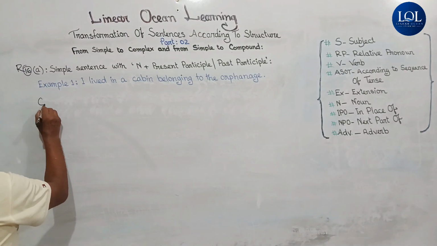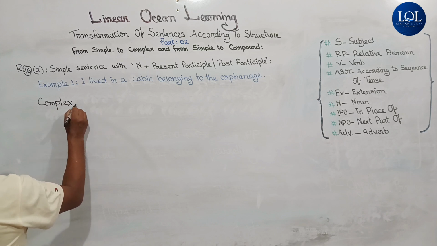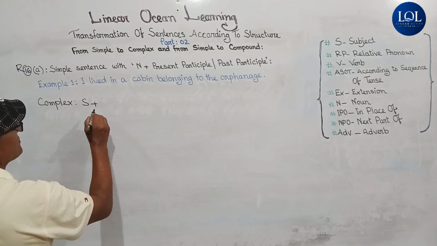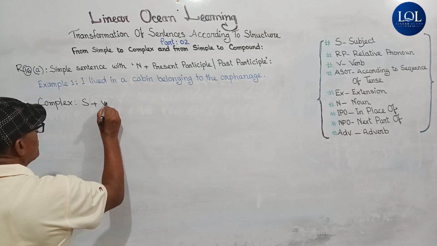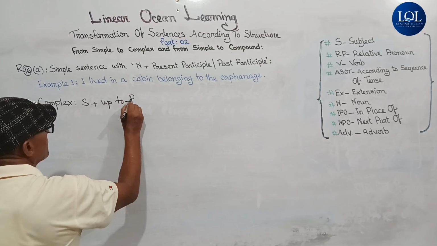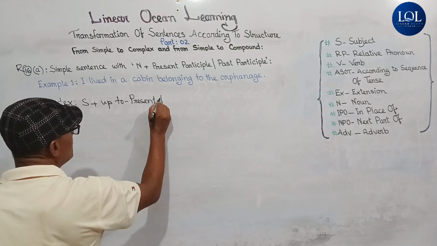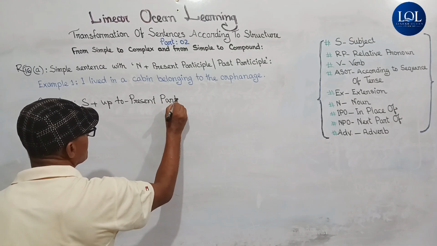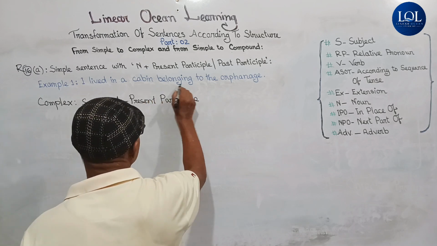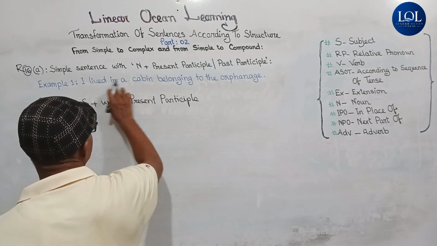Complex sentence: subject plus up to present participle. Here the present participle is belonging, the subject is I, and up to the present participle means I lived in a cabin.